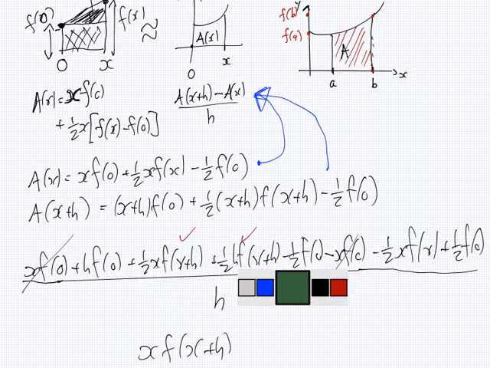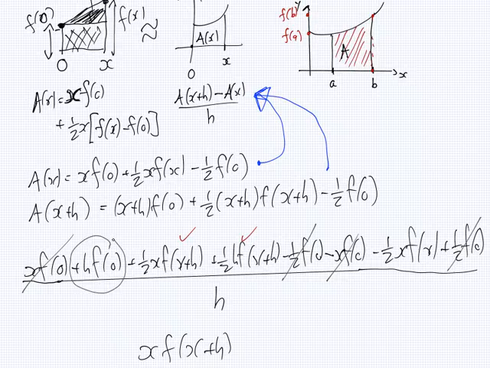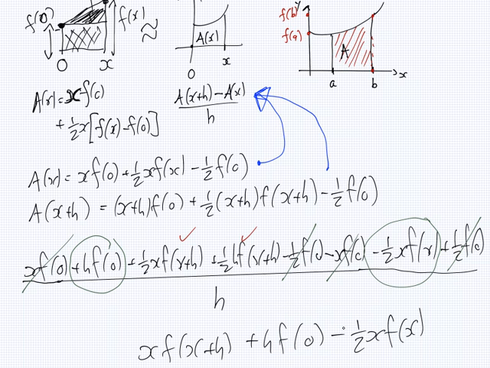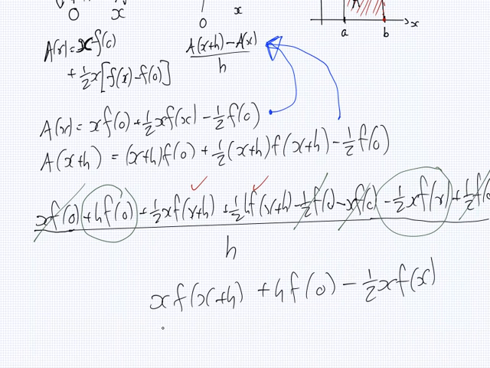Oh, this one here minus cancels with that one there. So what am I left with? This one and this one. Plus h of f(0) minus a half x f(x), all over h.